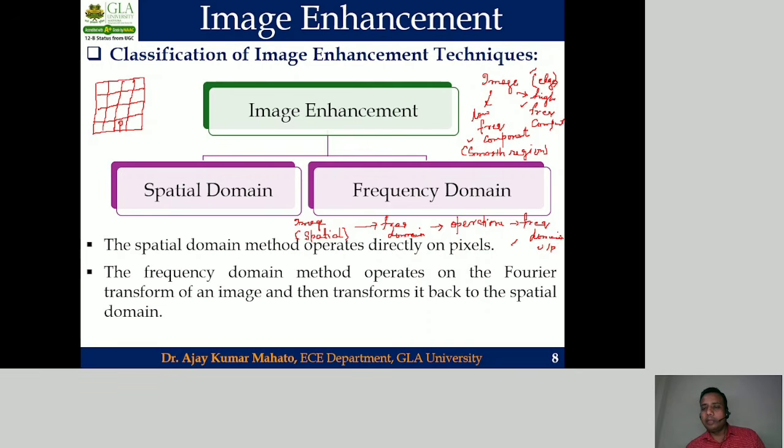And finally we convert it back from the frequency domain into the spatial domain, which is nothing but our final output image.